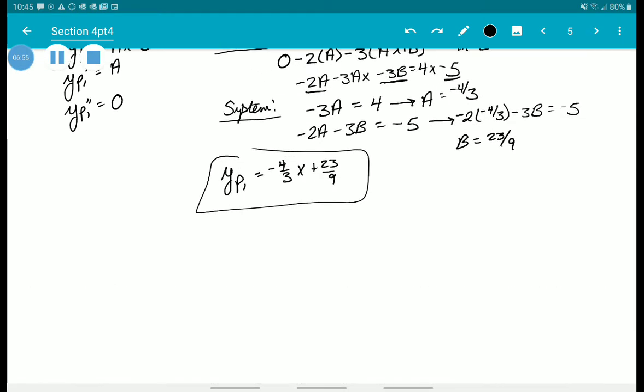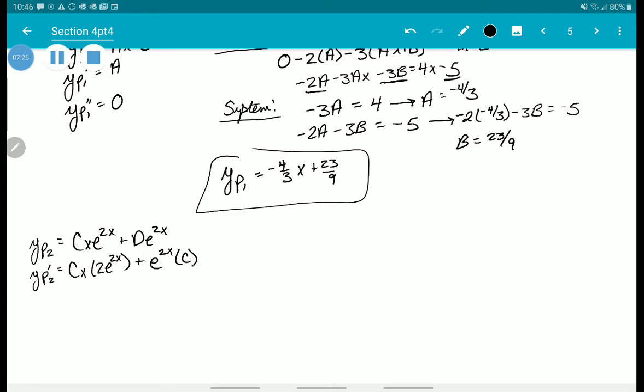Now let's look at that part that contained the exponentials, which we are calling yp2, which is cx e to the 2x plus d e to the 2x. We're going to take derivatives, and we're going to use product rule. So we're going to have first function times derivative of the second, plus second function times derivative of the first.